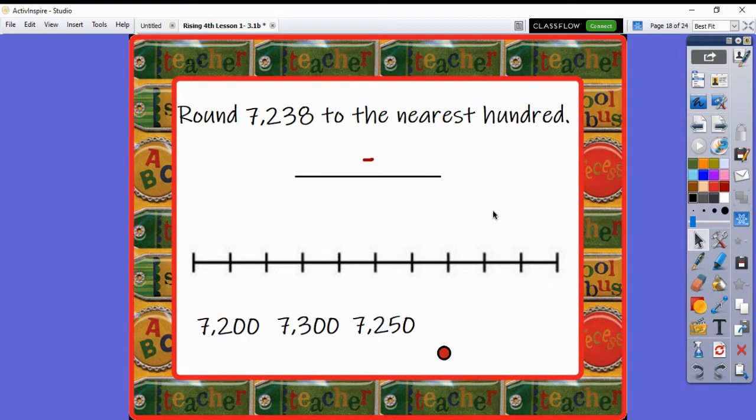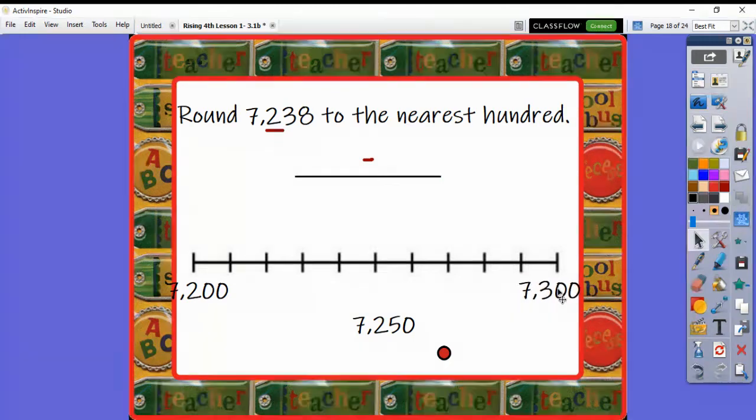All right, I know that the digit in my hundreds place is a 2. The value of the 2 is 200 in this number. The next 100, when counting by hundreds, would be 300. So 7,300 will end my number line. Half of 100 is 50, so 7,250 would fall halfway.